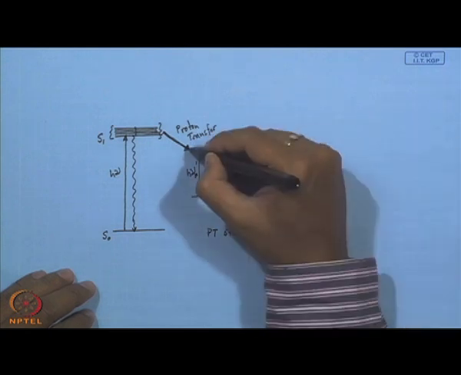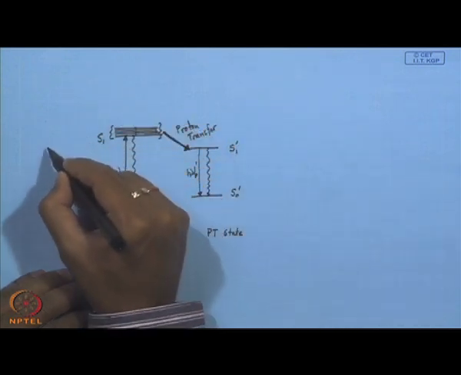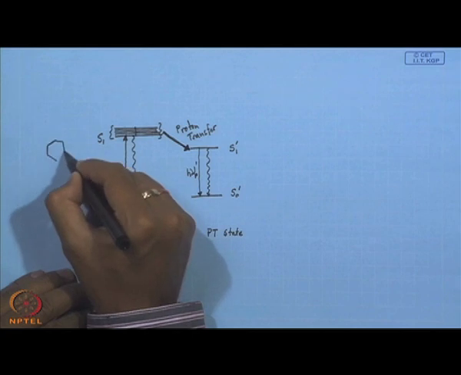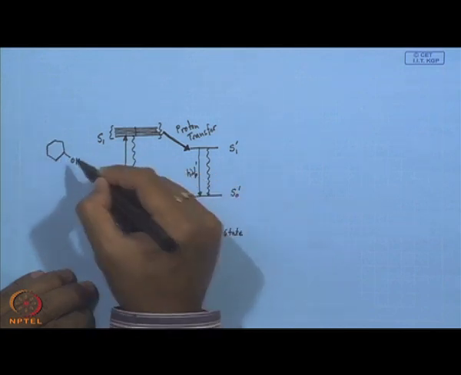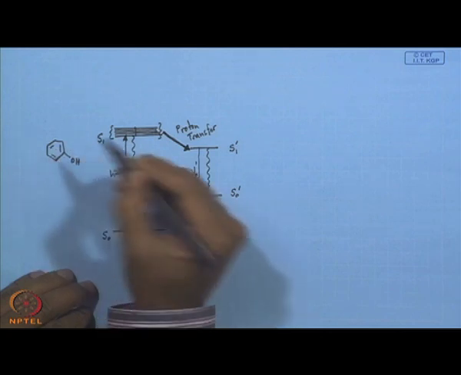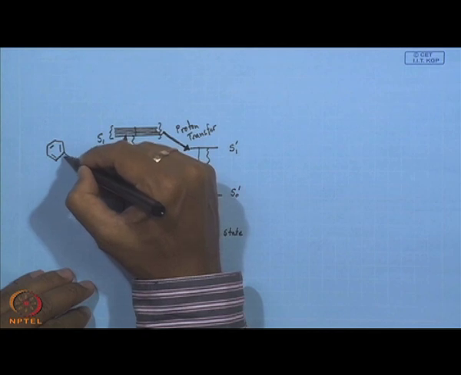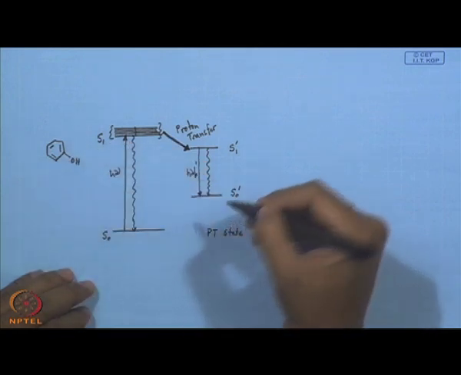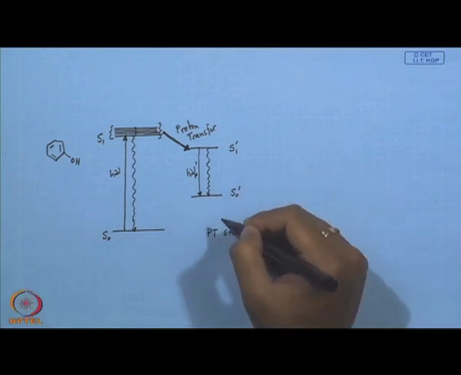Okay. So, proton transfer gives rise to, say, if it is an OH type of molecule, this is your enol form, and then when the proton is getting transferred, this part becomes keto. Okay. So, it may be the keto form.